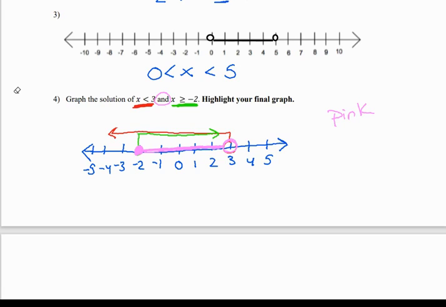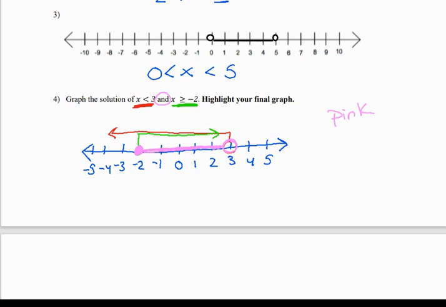If you highlighted past -2 and you highlighted -4, well, there are no numbers that fit. -4 does not fit the fact of being less than 3 and greater than -2. But everything in the pink fits both cases. Okay? So you can copy the pink down if you haven't already done so.